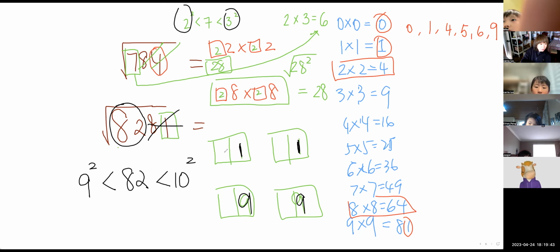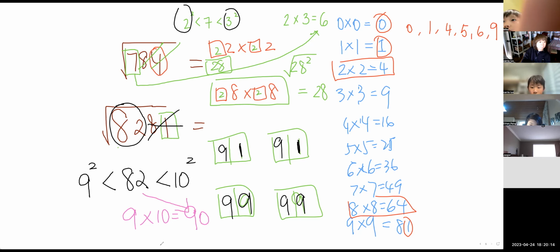Okay, so that means we can only put what? 91 and 99 here. Get it, everybody? Okay, so now, which one? I don't want to calculate at all. Remember, my method doesn't need any calculation. Some kids say you're making me do 9 times 10, but in our class that shouldn't count as calculator work, right? 9 times 10 equals 90. So let me ask you, is 82 bigger or smaller than 90? Smaller, so we choose the smaller one. So 91.